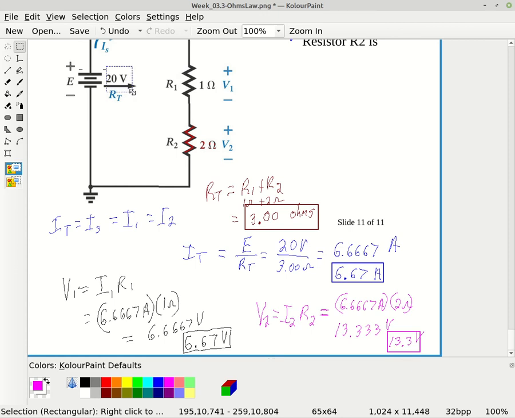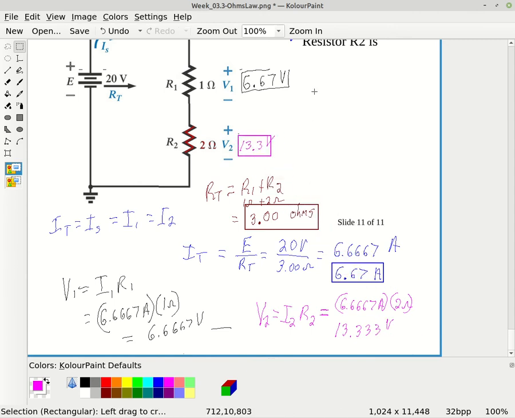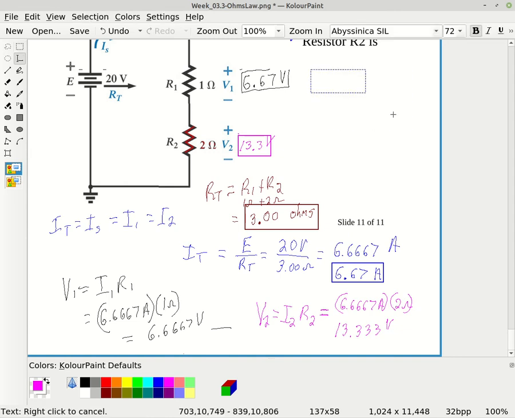We had 20 volts supplied, and I'm losing 6.67 volts across V1, and V2 is 13.3 volts. Let's try to add these up.